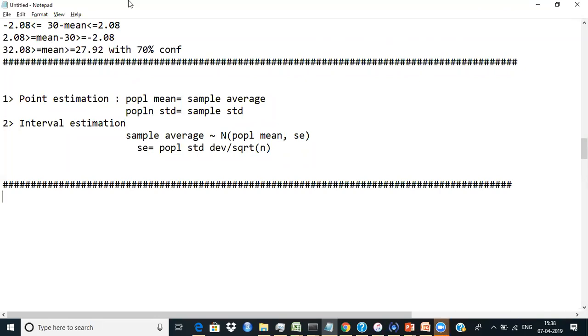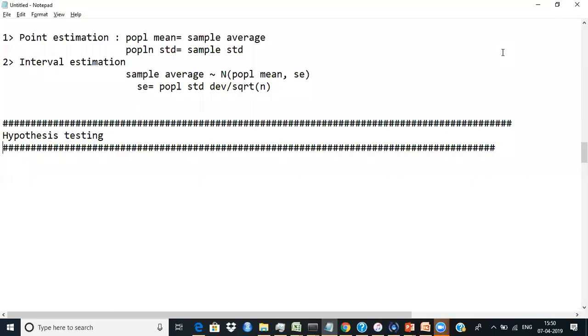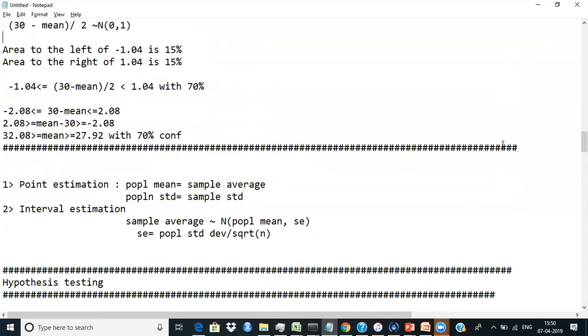After the break, we'll start with a concept known as hypothesis testing. Before we go into hypothesis testing, any question on point and interval estimation?